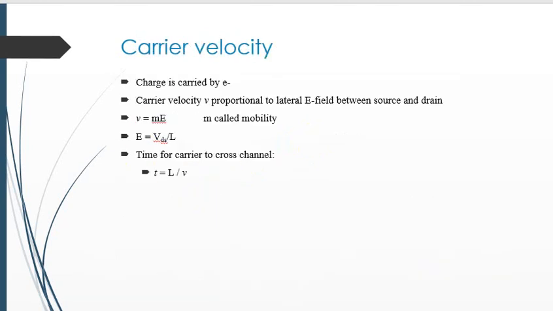Okay, when we move toward the carrier velocity, we know that the charge is carried by the electrons, and the carrier velocity will be proportional to the lateral E field between the source and the drain. And here is the formula of mu, called mobility.